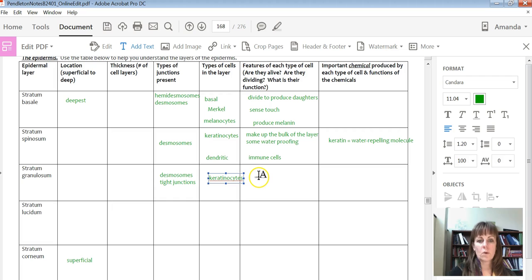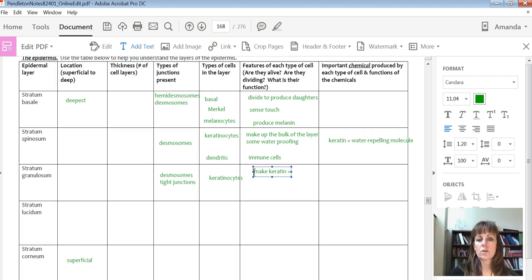And at this point, up until the stratum granulosum, the cells are alive. These keratinocytes are alive. But once we get to the stratum granulosum, these cells are going to be making a lot of keratin.